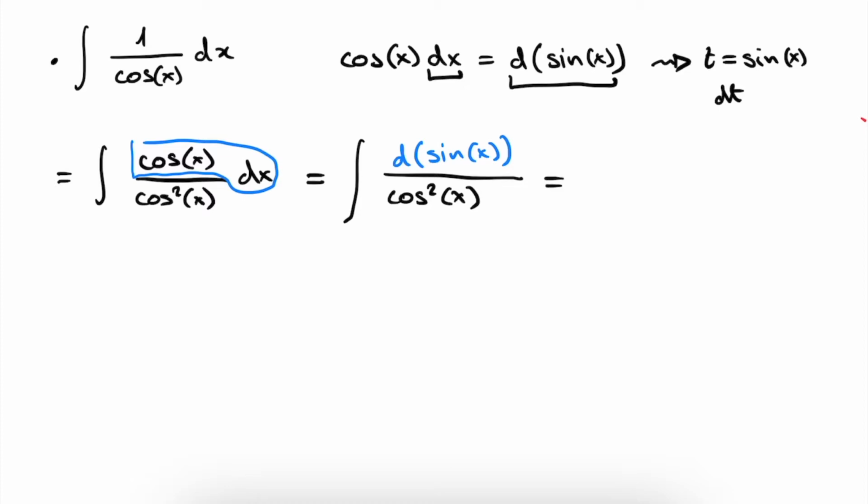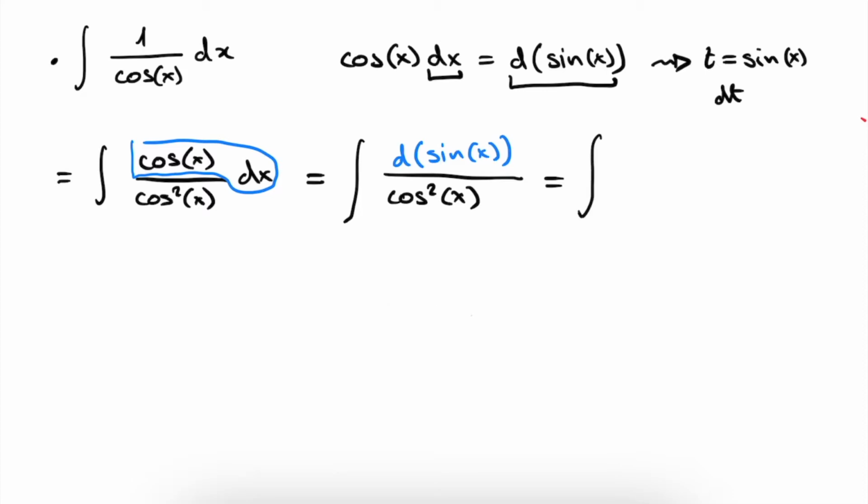And at this point, we're still not there quite yet, because we see that in the differential of our integral, we have the sine of x. However, as the function inside of our integral, we have a cosine squared of x. It would be nice to have a sine of x instead of a cosine of x. However, we know how to write the cosine squared of x as a function of the sine squared of x. We simply use the formula that the cosine squared of x plus the sine squared of x is equal to 1, which is the most basic formula for goniometry.